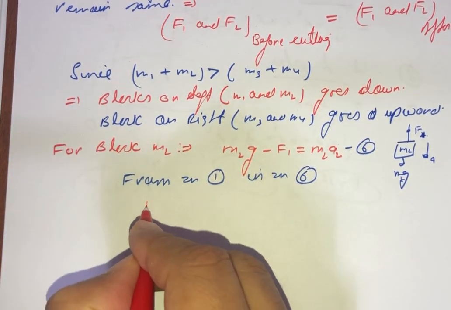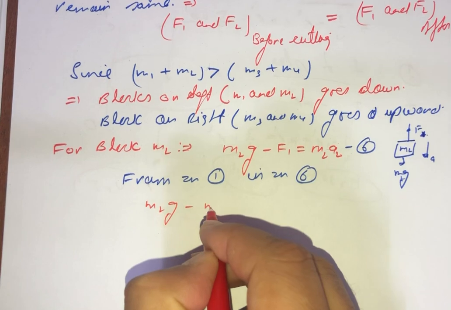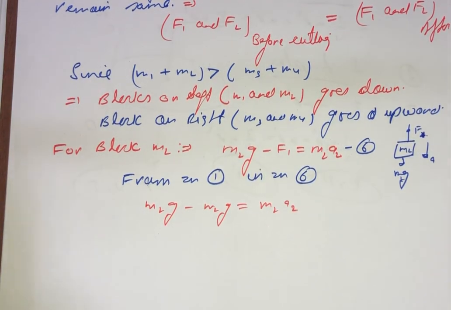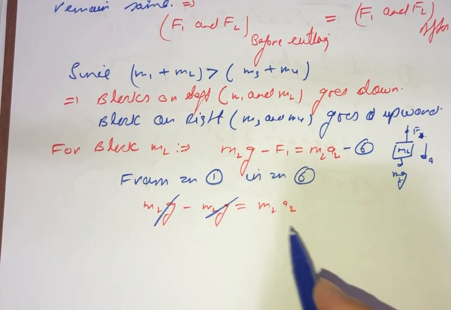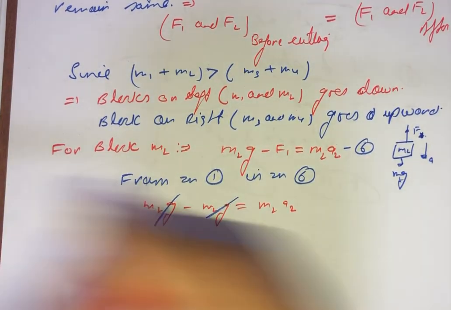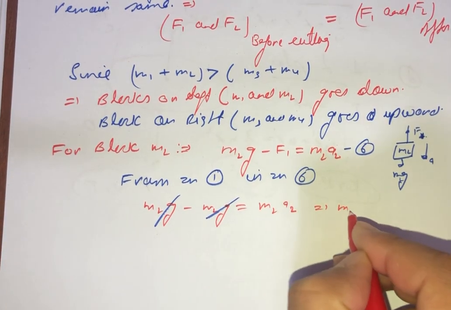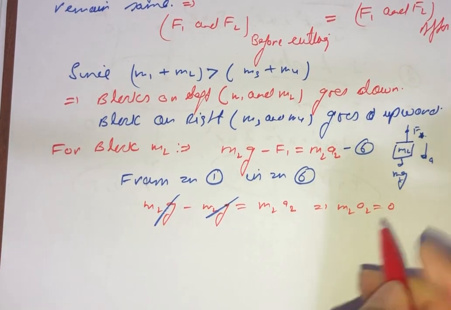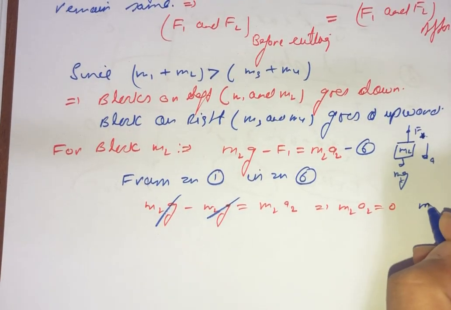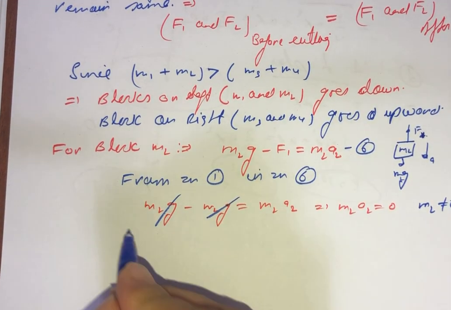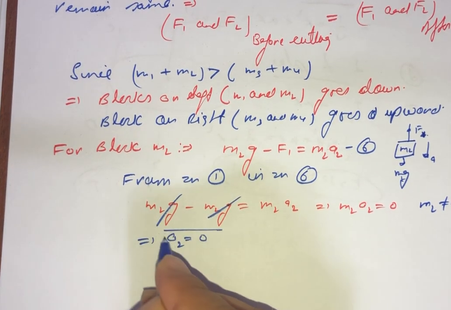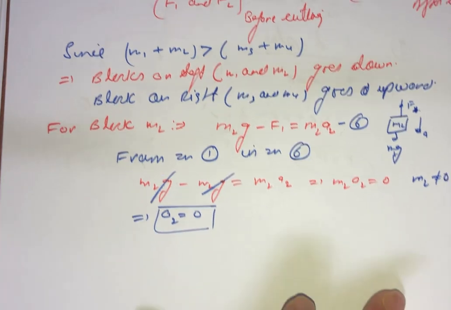So M2G minus M2G is equal to M2 A2, and from here we can say that M2 A2 is equal to 0. Obviously mass M2 cannot be equal to 0. From here we find that acceleration A2 is equal to 0.